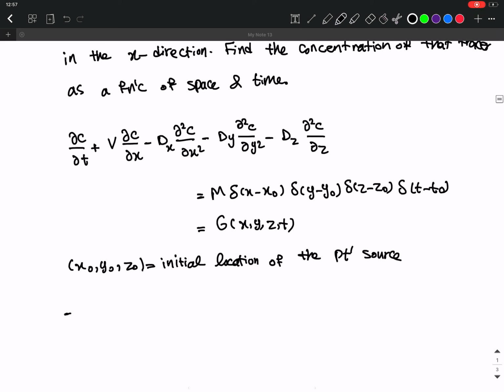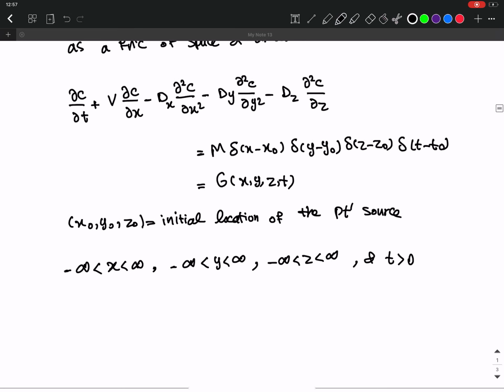The solution is between x minus infinity and plus infinity. It's also y between minus infinity and plus infinity, and z is also between minus infinity and plus infinity, and t is greater than 0.